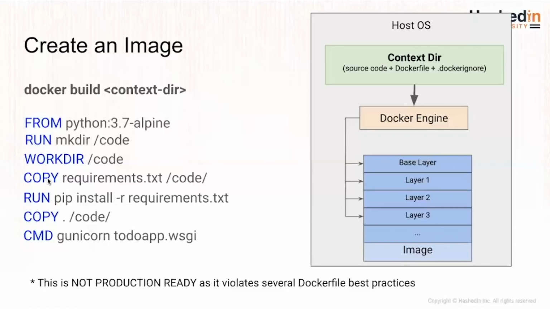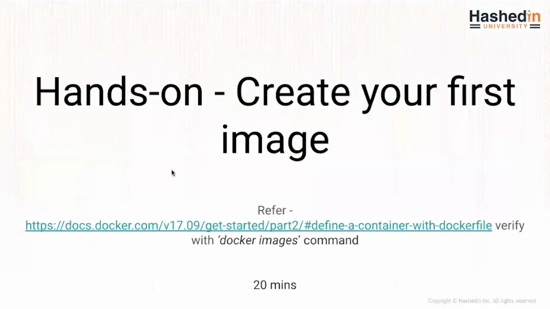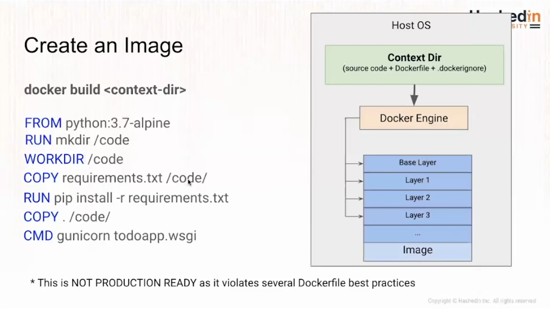COPY is again an instruction to the Docker runtime to copy my requirement.txt file. This file should exist in the folder where you actually run the Docker build command. So requirement.txt should be copied to Docker's work directory, which is code.